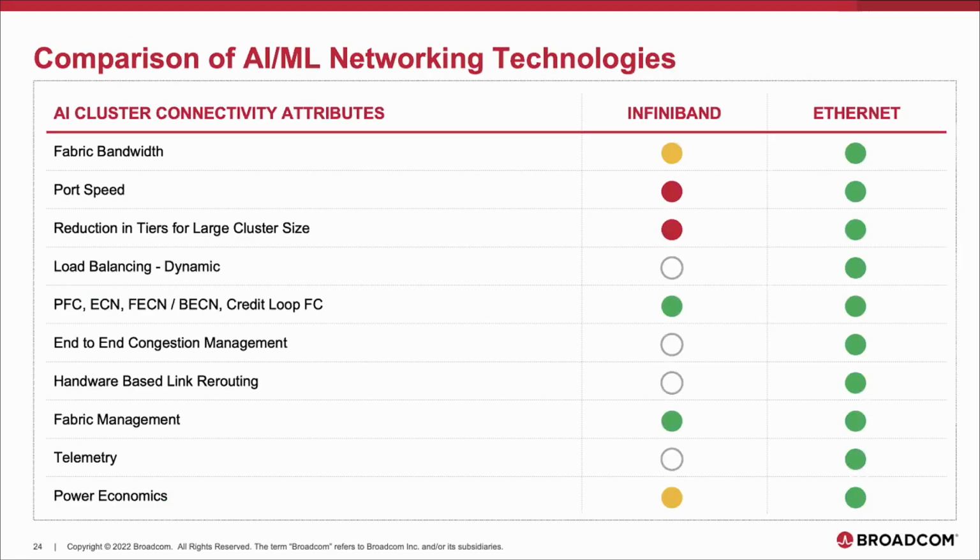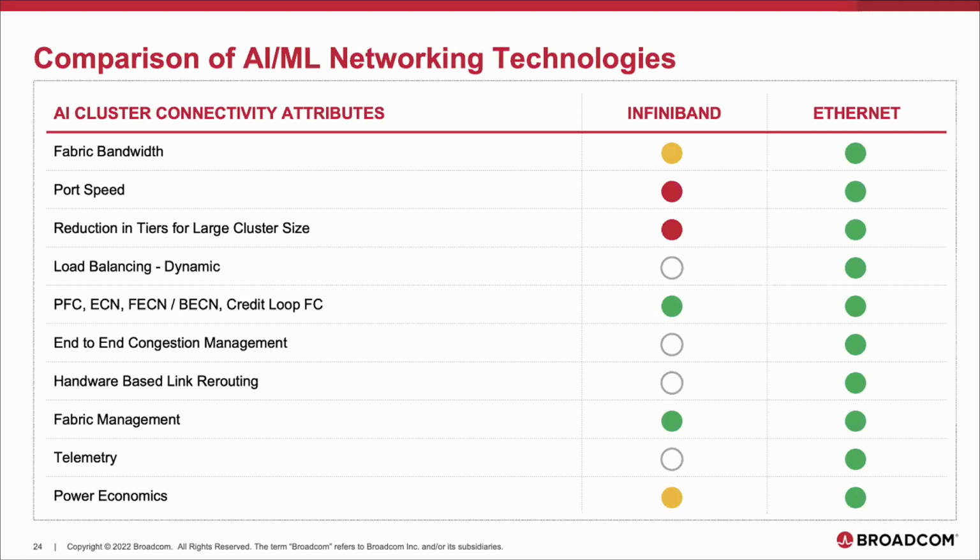And if you look overall at all the main factors you would examine for AI ML networking, as far as the bandwidth of the fabric, the port speed, the radix and the bandwidth is very important because you want to minimize the number of hops through the network. So you have a large number of AI ML nodes you want to interconnect. You'd like to do that with one hop or maybe two hops through the network.